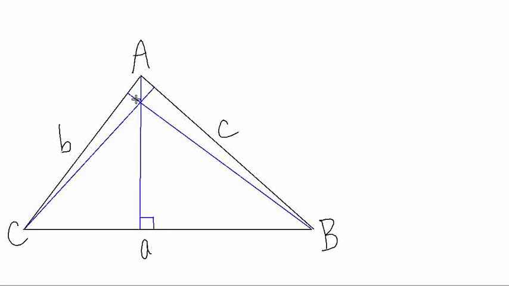One endpoint is on a vertex, and the other endpoint is on the side opposite that vertex. And notice that the altitudes are each perpendicular to a different side.